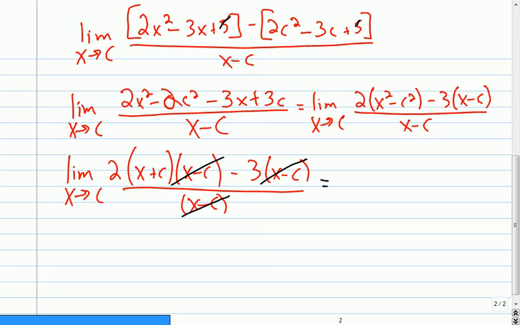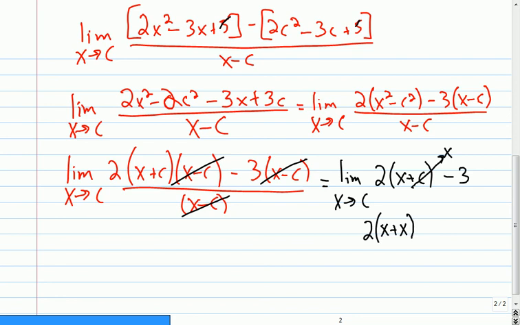And I would get the limit as x goes to c of 2 times x plus c, minus 3. As this becomes an x, it's going to be 2 times x plus x, minus 3, which is 4x minus 3. Okay, so that would be the derivative using the alternate form.